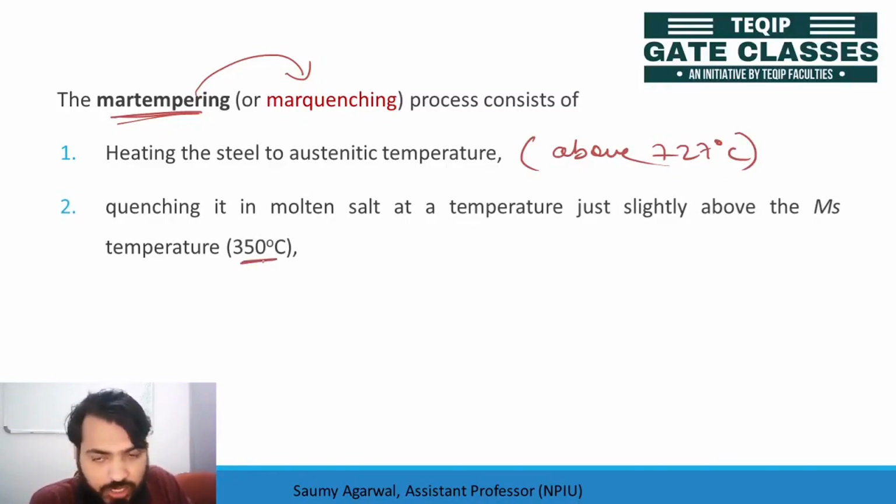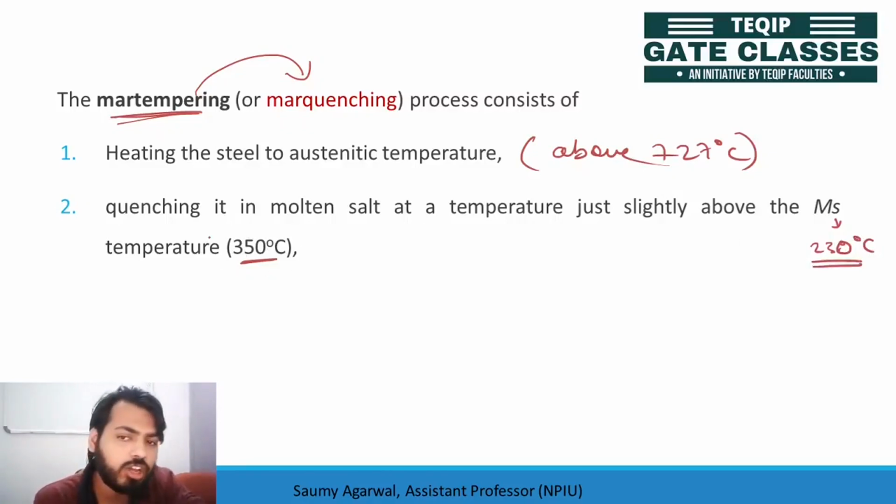The martensitic start temperature is approximately 230 degrees Celsius. So you have to cool it to about 350 degrees Celsius, in the molten salt bath, until the temperature reaches around 350 degrees Celsius.